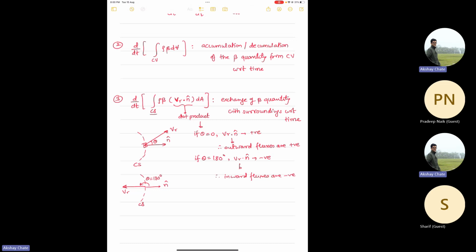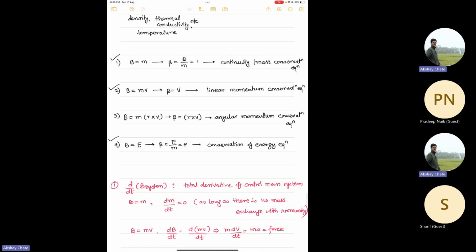I think that is the better way to go about it, because right now we are already at full time, and if we start now, again there will be a break. So I think it's a good option that we stop now, and maybe next week I'll start with this RTT applied to the conservation of mass equation.